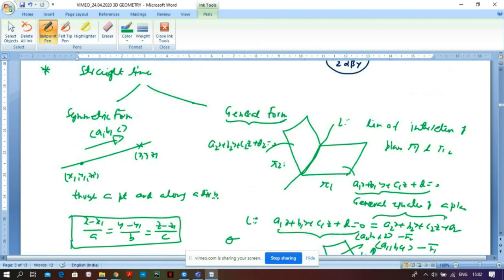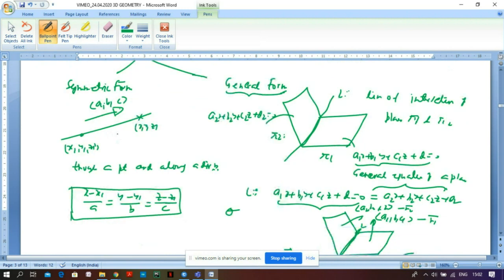Symmetric form means you are giving the line as passing through a point in a given direction. General form means you are expressing the line as an intersection of two planes. If need be, I can always turn the general form into a symmetric form, and many problems do require this.